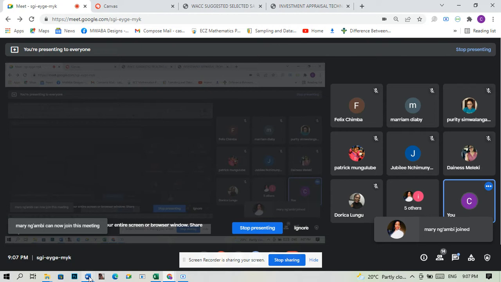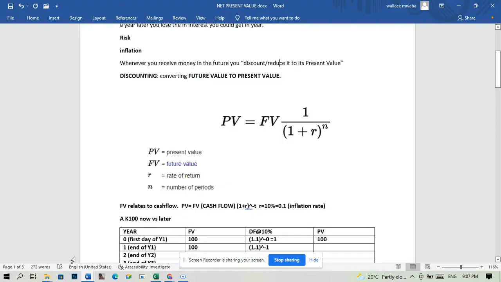You get 100 kwacha now. How much would that 100 kwacha be in a year's time? How much would it be in 2 years' time? And how much in 3 years' time?